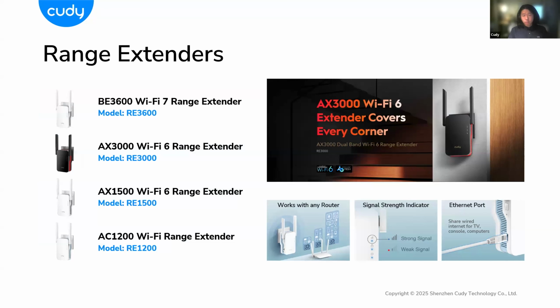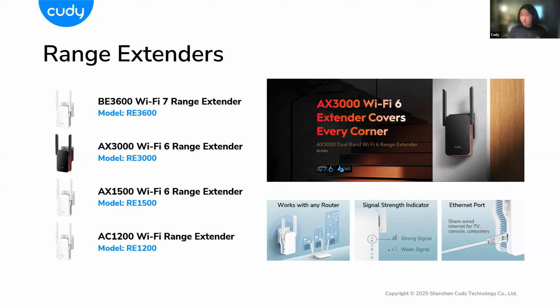Okay, so next, range extenders. We provide four models for now, from the flagship Wi-Fi 7 range extender to the entry-level Wi-Fi 5 AC1200, and all of them can work with any router. No brand limitations. They provide a signal strength indicator to help the customer determine the best place to install the range extender.